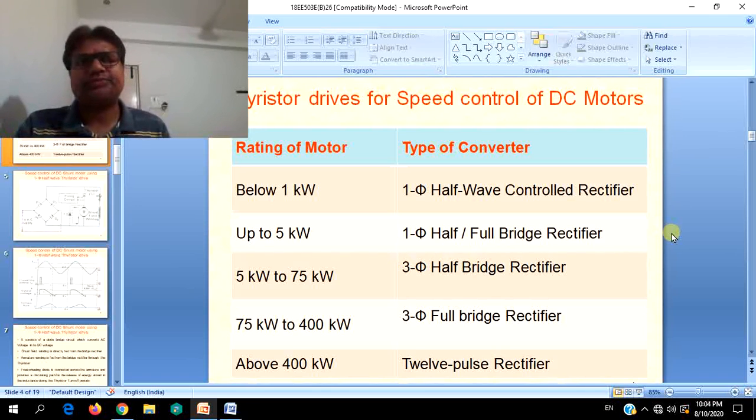To start with, center tapped or midpoint rectifiers, half wave only. With two diodes it can be full wave, but again the control aspect will not be there.